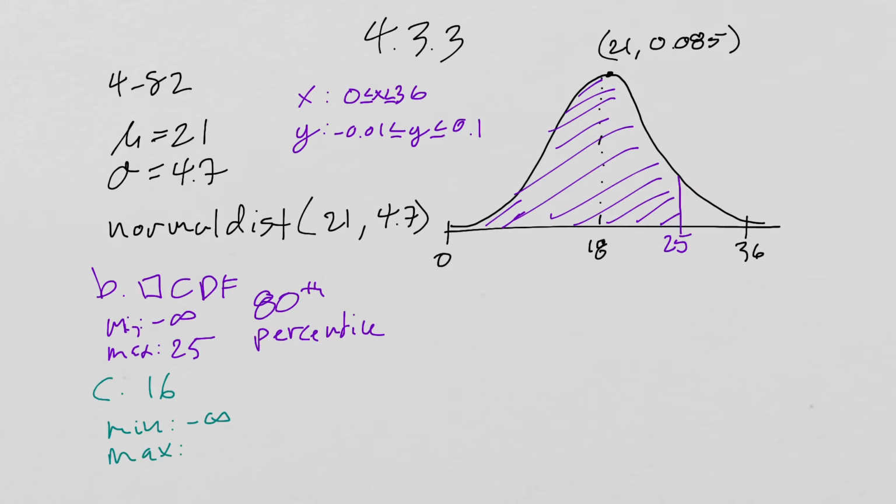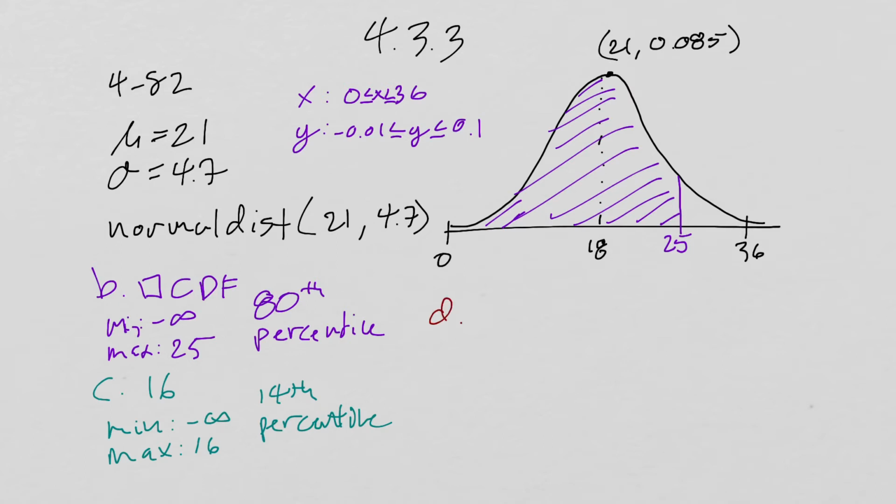Our maximum is going to be 16. And so again, if we type that into Desmos, Remy scores in the 14th percentile. Poor Remy. He's got to do a little more studying. Sorry, that's supposed to say percentile, but that looks awful.